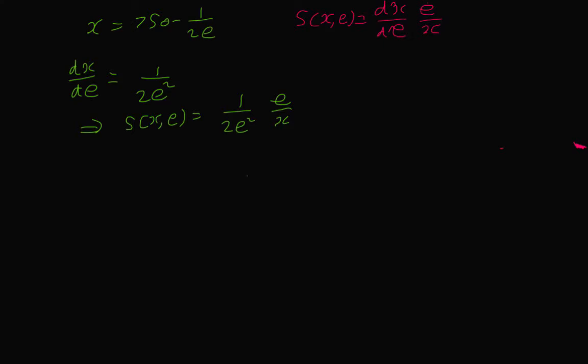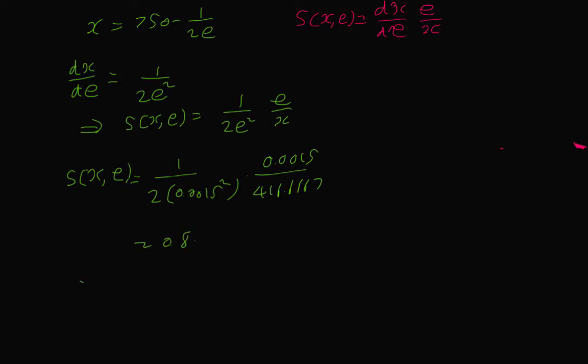So now we know the e value and the x value. We can plug those values into this equation. So S x,e equals 1 over 2 times 0.0015 to the power 2, times e, 0.0015, divided by x, 416.6667. So the answer is 0.8.